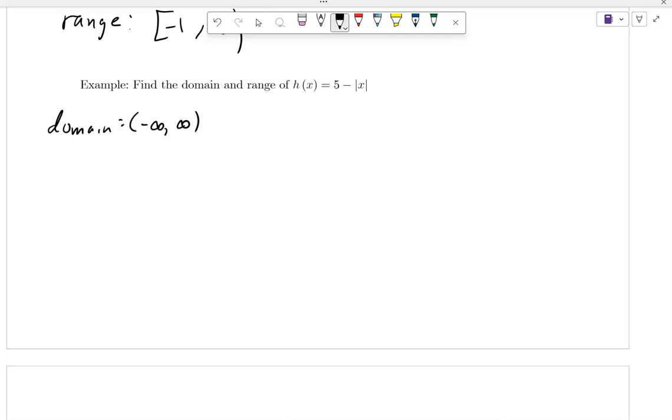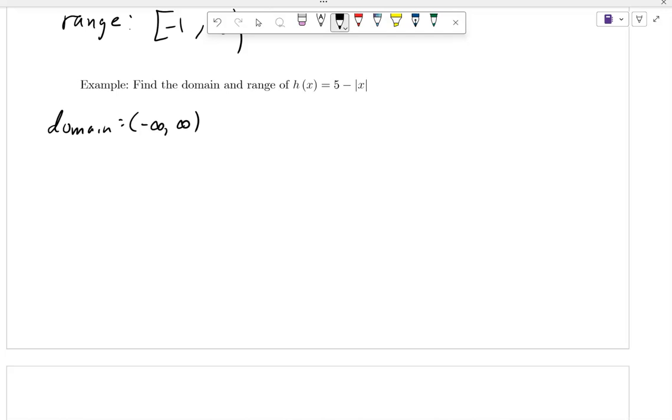So what's the smallest thing that you could possibly ever get out of an absolute value? 0, right? Notice that we're subtracting things. If we subtract things that are getting bigger, then the answer gets smaller.